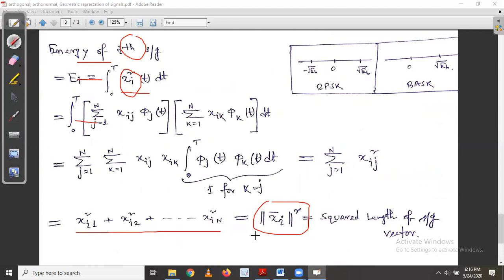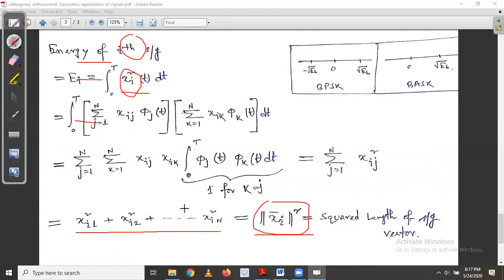That means this is nothing but the energy of the ith message point as well as the distance from the origin. This is how we have to calculate any message point's energy or distance from the origin.